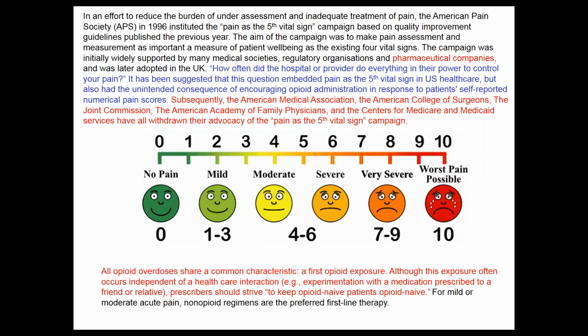So this is spread across the United States and Europe and is probably impossible to kill, but this is basically an abstract of a paper suggesting that some societies, including the American Medical Association, the American College of Surgeons, and American Academy of Family Physicians, have withdrawn their advocacy of pain as the fifth vital sign.